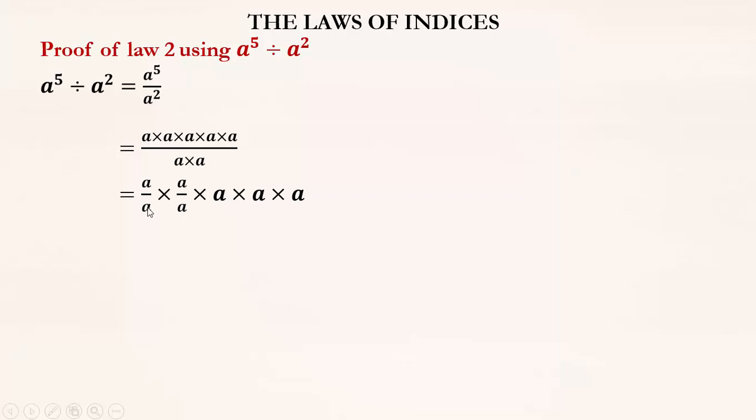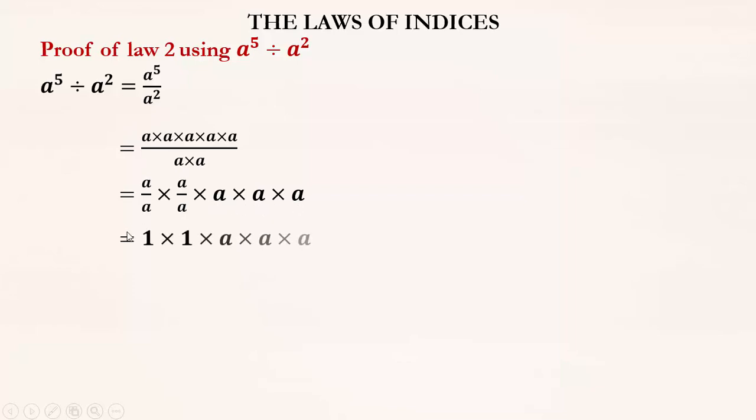Now, splitting further and writing them as if they were gotten by multiplying individual expressions, what you realize is that a divided by a times a divided by a will represent the use of all the a's that are the denominator, leaving out a times a times a.